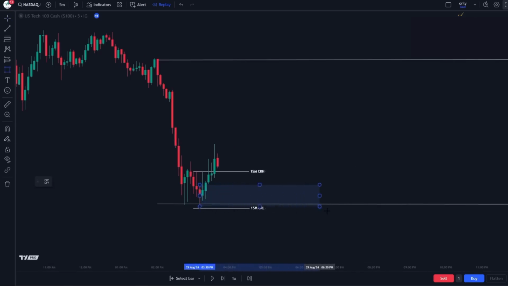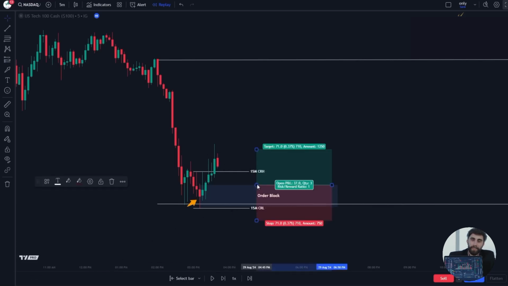As you can see, there's an order block on the 5-minute time frame, which is the last selling candle before the price started a bullish move that broke out above the 15-minute candle's high and closed above it. I'm going to place my buy limit order at the highest point of this order block and wait for the price to activate it.